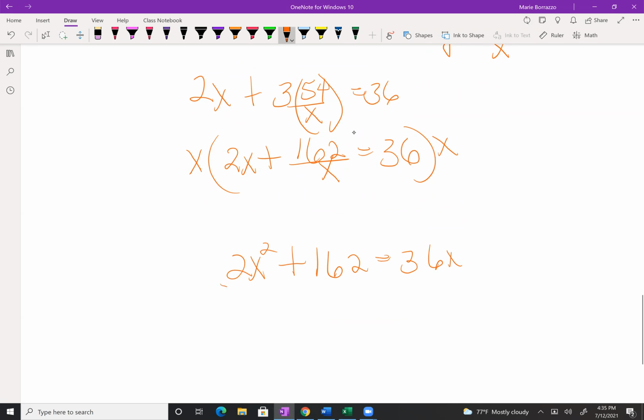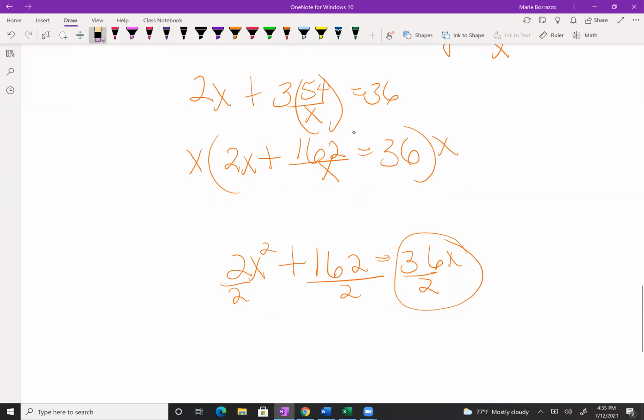I also see that they're all even numbers. So if I divide them all by 2, this gives me X squared. So 2 parentheses X squared minus, give me 1 second. I'm having a brain fart. Oh, I forgot to move this over again.